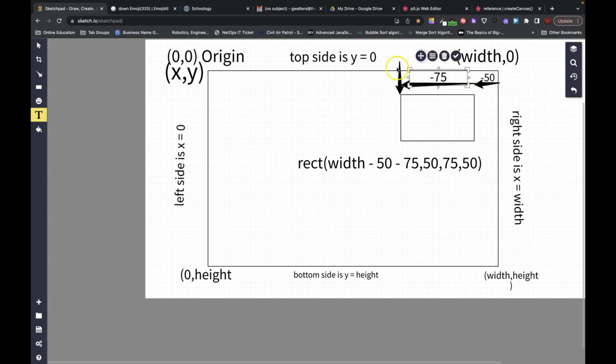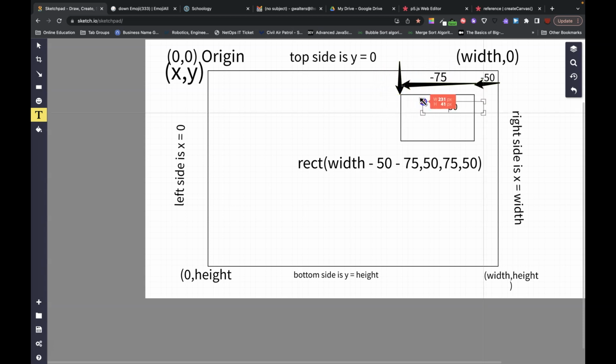And then this one to bring us down, since y is getting larger as we move down, we don't have to subtract anything. It's actually just whatever the distance away from 0, which is just 50 in this case. So we're 50. So we don't have to subtract.